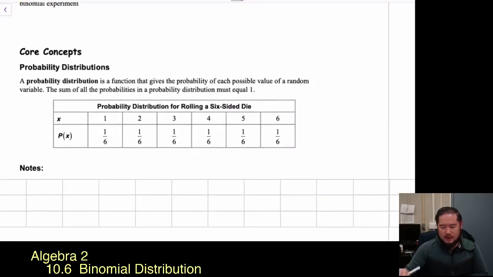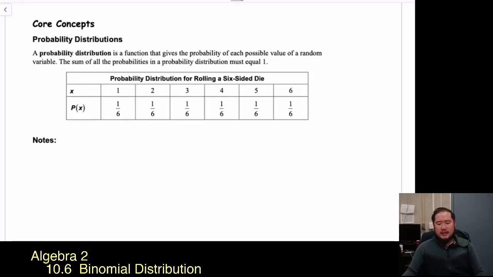So let's take a look right here at our probability distribution. Once again, a probability distribution is a function that gives the probability of each possible value of a random variable. The key thing is that the sum of all the probabilities in a probability distribution must equal 1. This table is about the probability of rolling a 6-sided die.